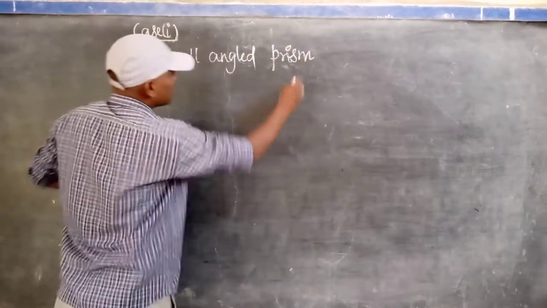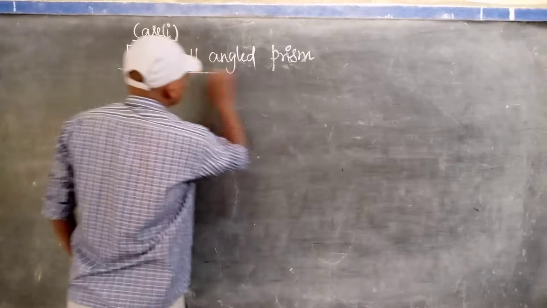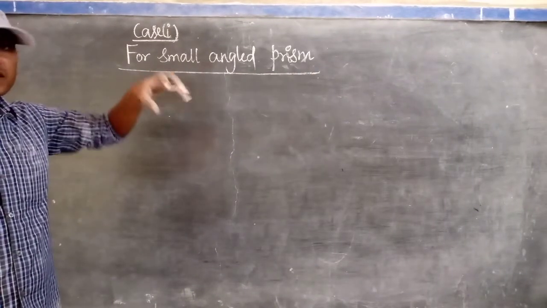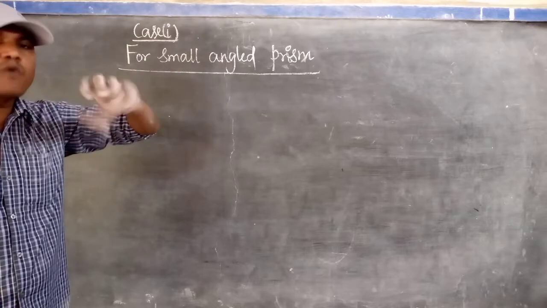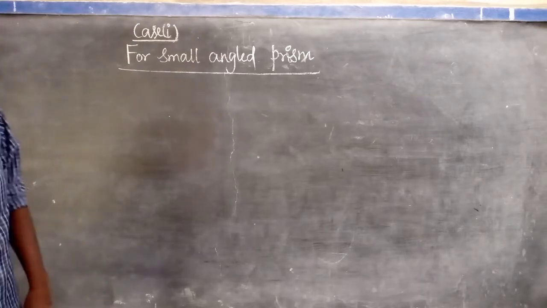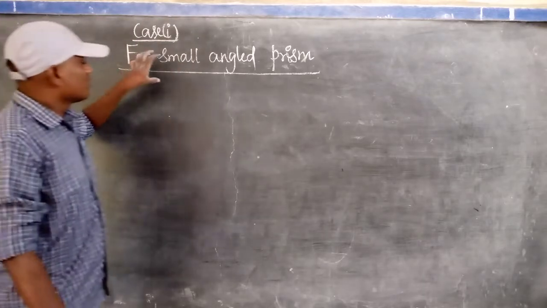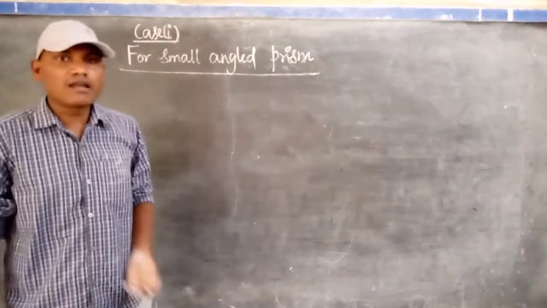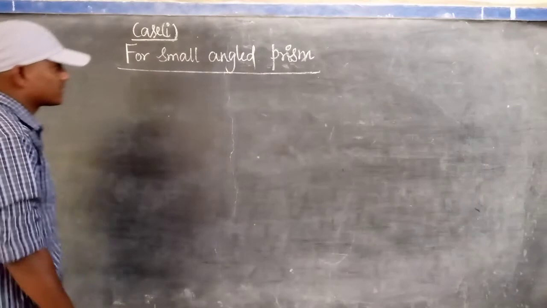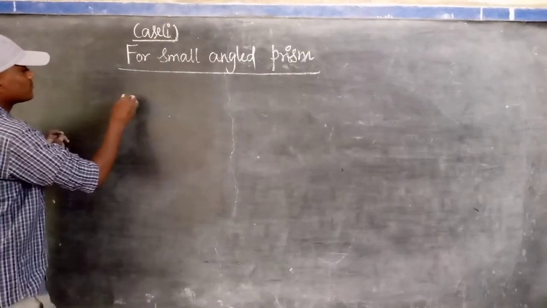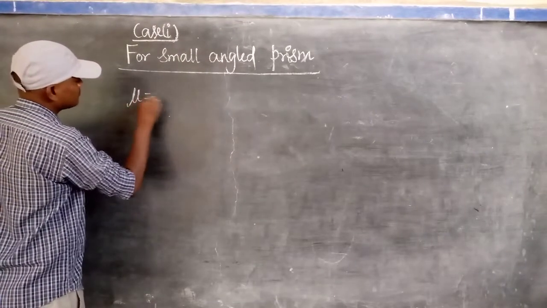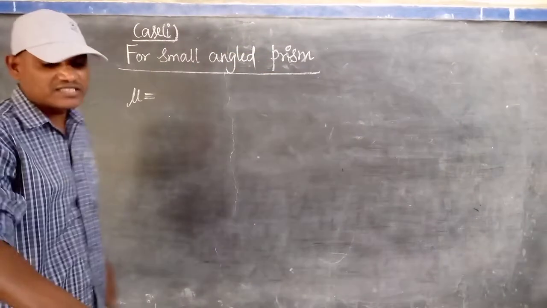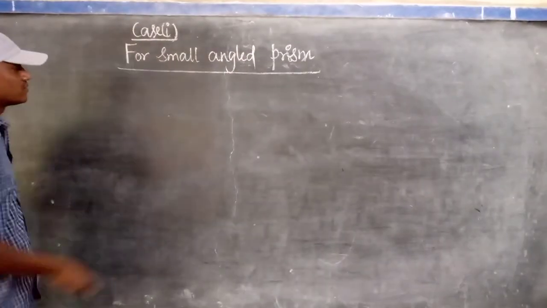In the case of a small angled prism, how can we find the angle of deviation? That is the concept. For a small angled prism, we can find the refractive index.